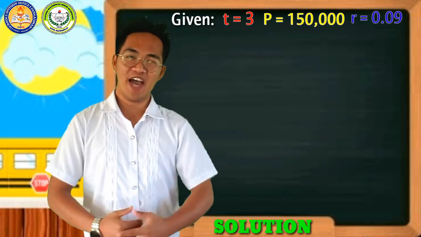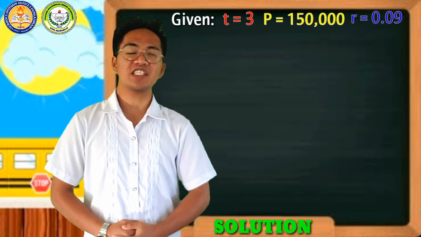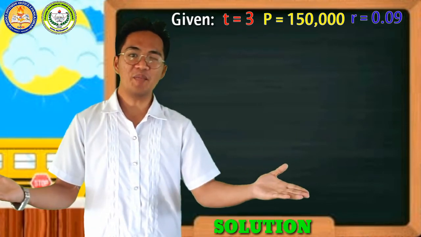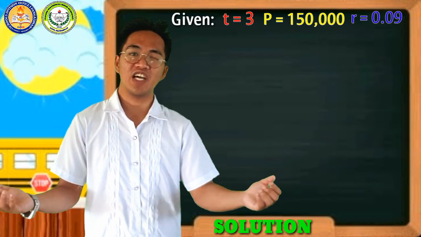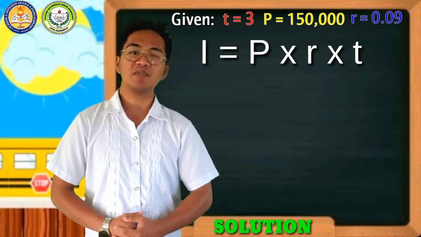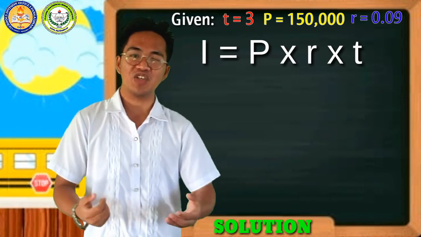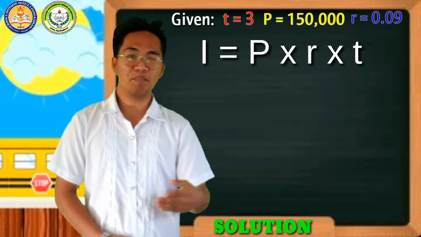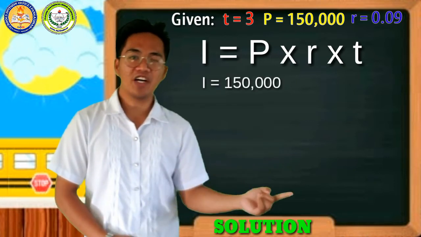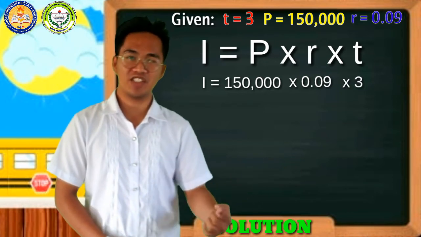Now, apply the formula. First, find the interest she will pay. We all know that the formula for simple interest is I equals P times R times T. We are going to substitute all the given values in our formula, where P is 150,000, R is 0.09, and T is 3 years.